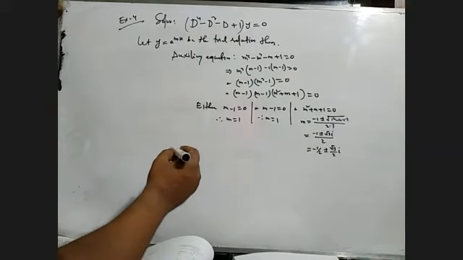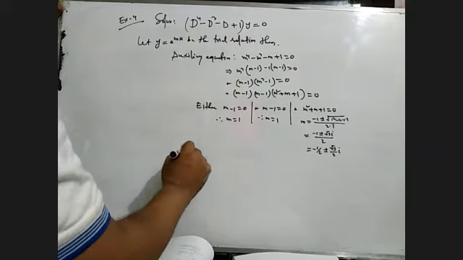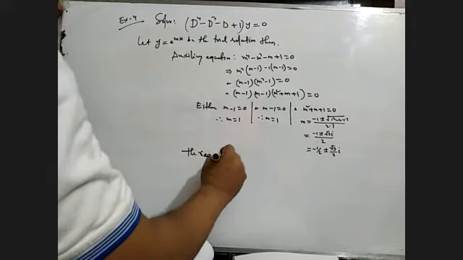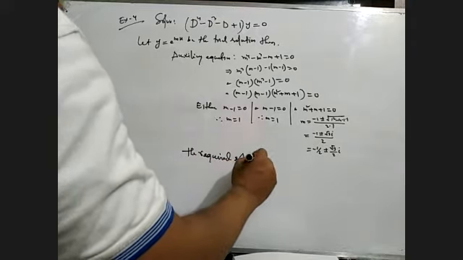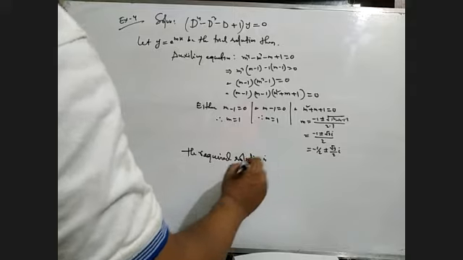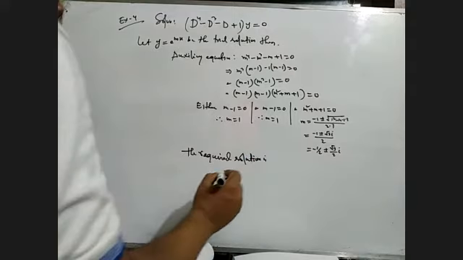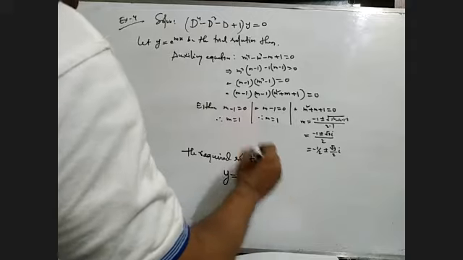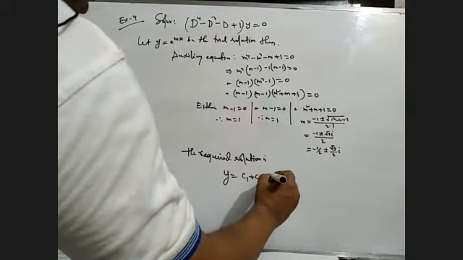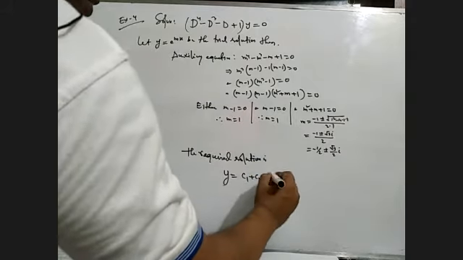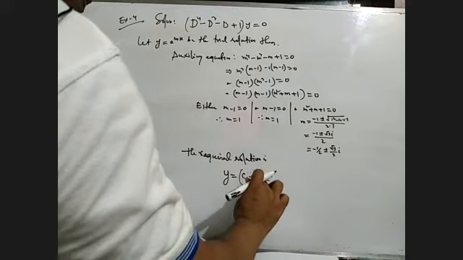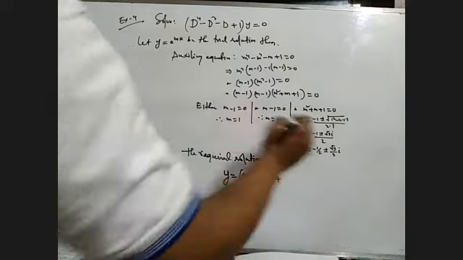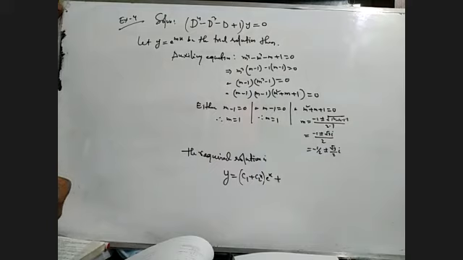So the required solution is y equals to what will be c1 plus c2 x, e to the power mx. M means what? 1. For the first two roots. Now another one, what will be complex roots.